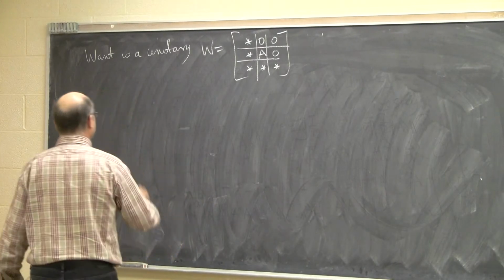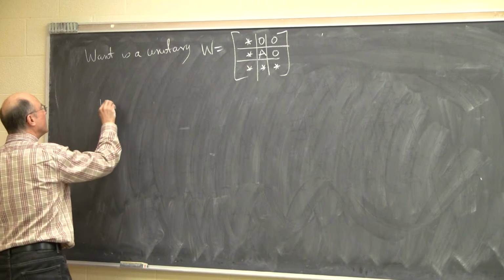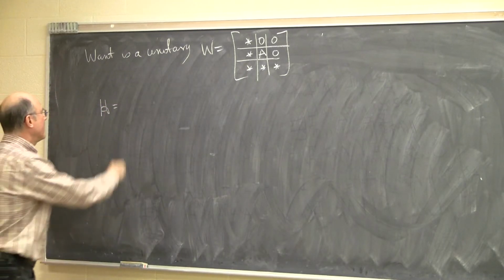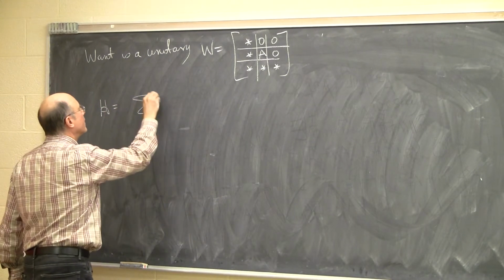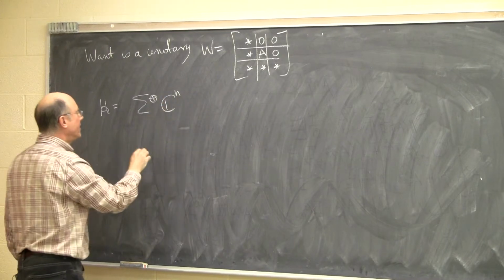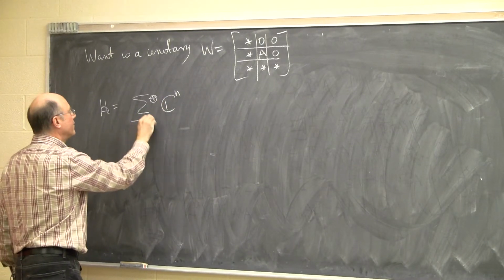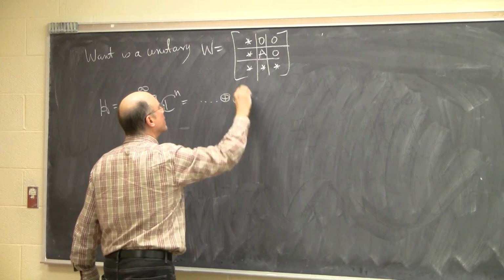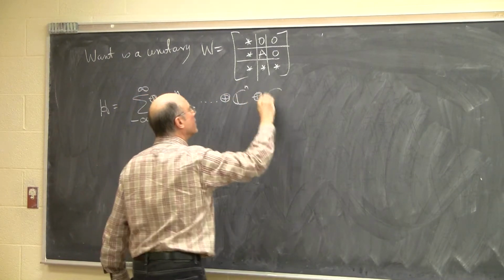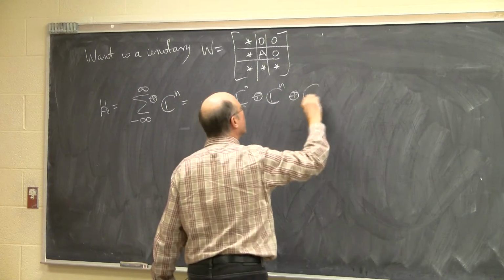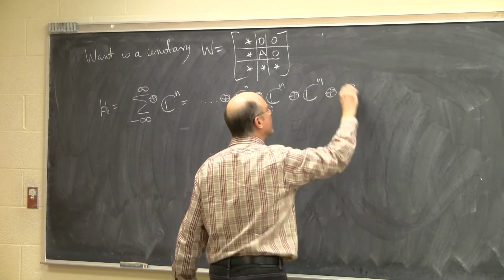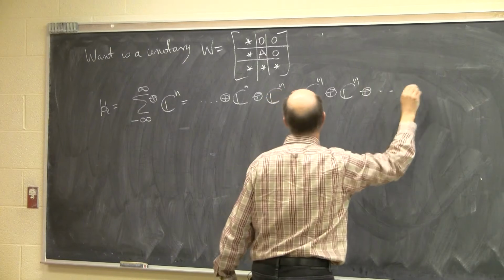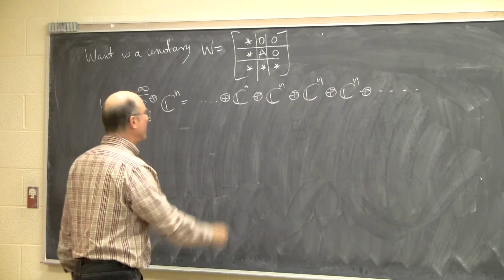So I'm going to form a Hilbert space, and it's going to be a direct sum of copies of my space C^n from minus infinity to infinity. So let me give them names.